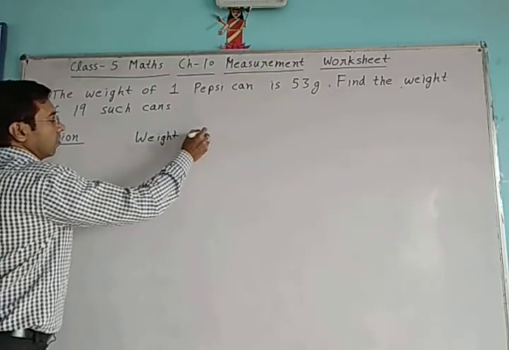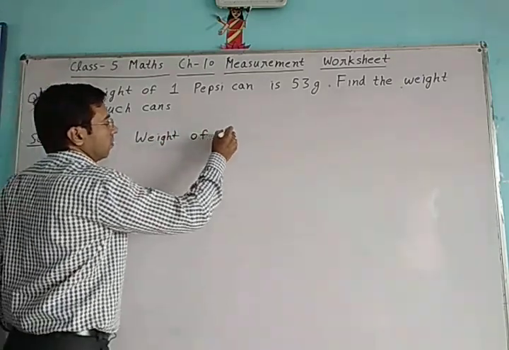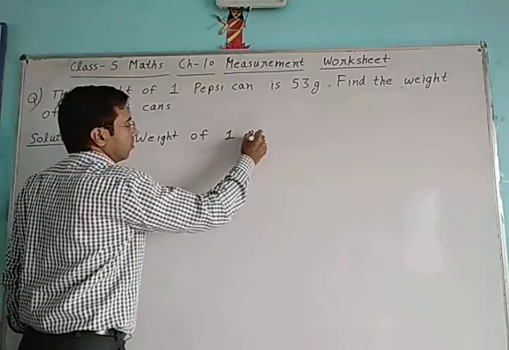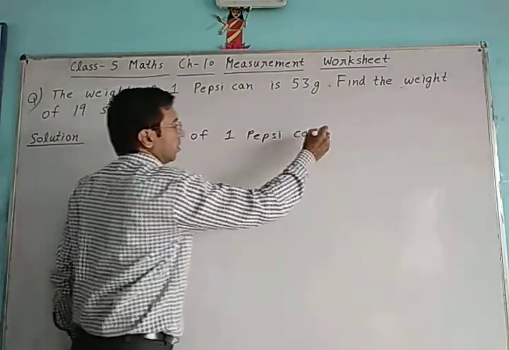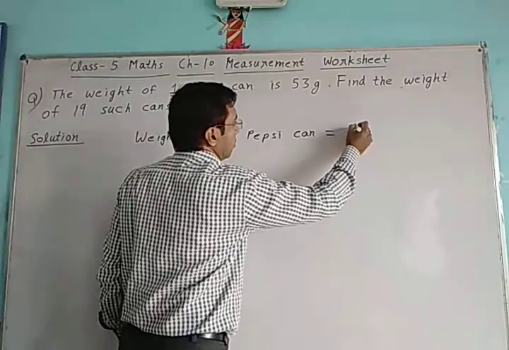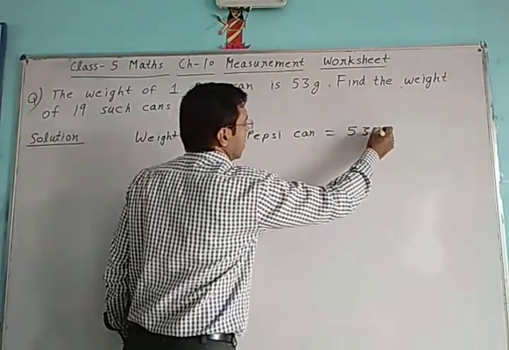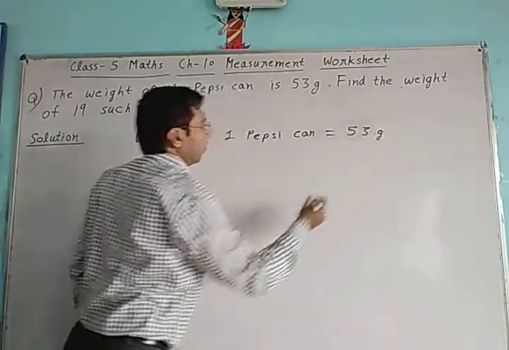Weight of one Pepsi can is equal to 53 gram.